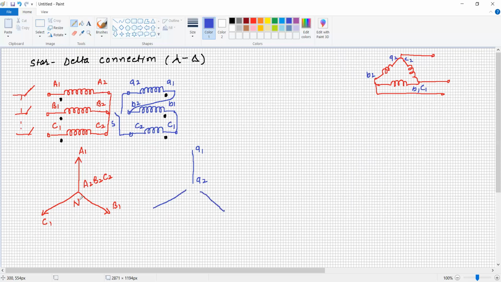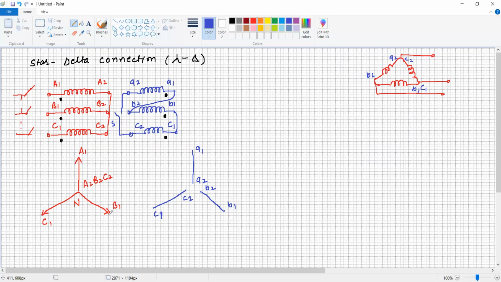It represents that here it is B2, B1, and it is C2, C1. So this terminal and this terminal are in phase, this vector A2, A1 for the secondary winding. They are in the same direction, or in the same phase, in parallel. It is similar to B2, B1, in phase with this one. So this is before connecting.